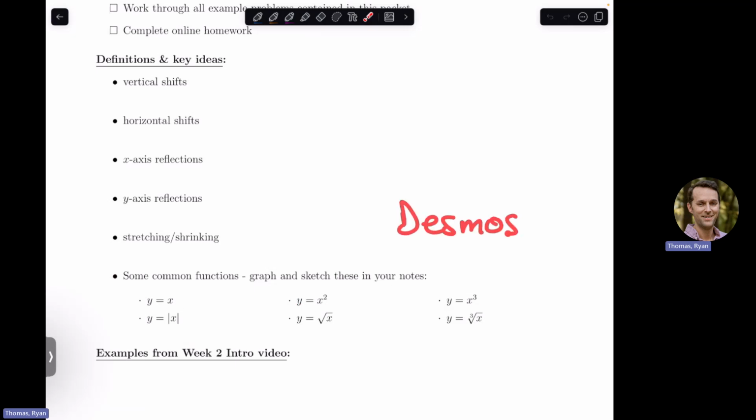Desmos is a good free online option that will generate some nice, clean looking graphs. Go to an empty page in your notes and graph each of these things. Just sketch the graph. Maybe make note of the domain and range, but sketch each of those real quick so that you have some idea what they look like, and then come back.